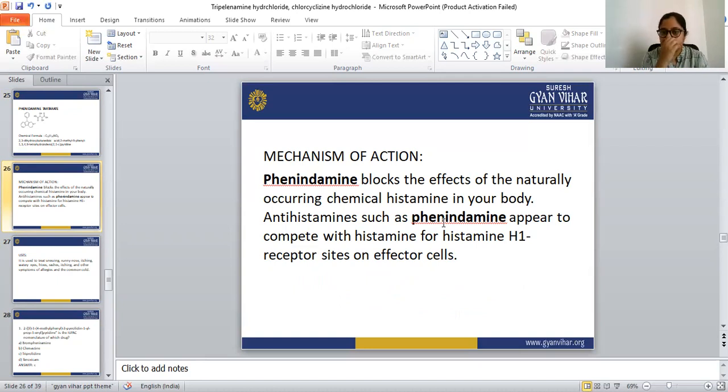Antihistamines such as phenindamine appear to compete with histamine for the H1 receptor sites on the effector side, and this blocks the effect of the naturally produced histamine. So this is the mechanism of action of phenindamine.